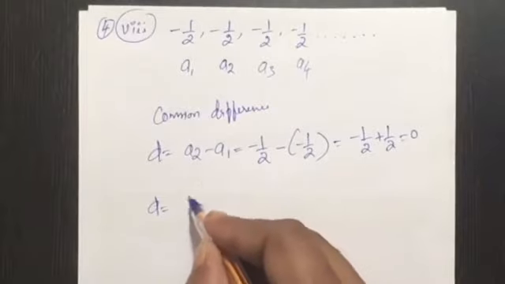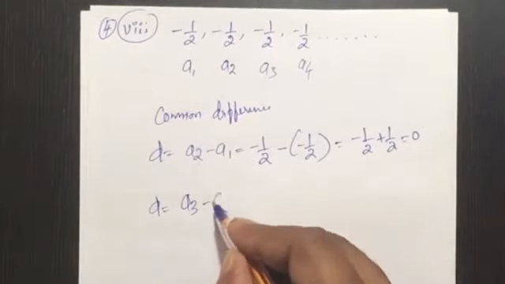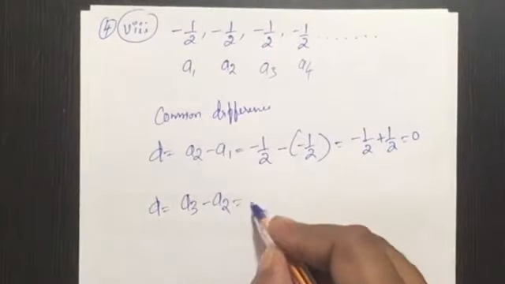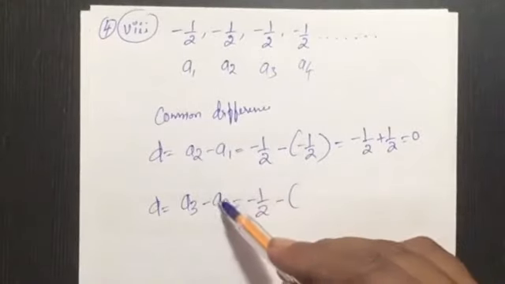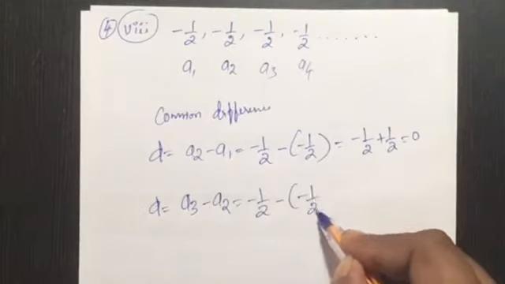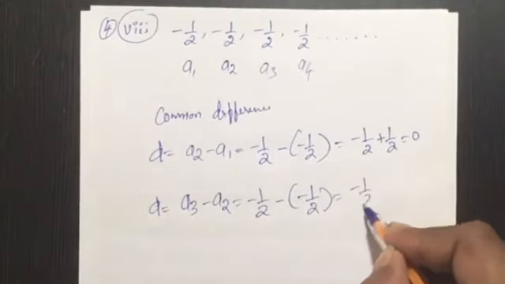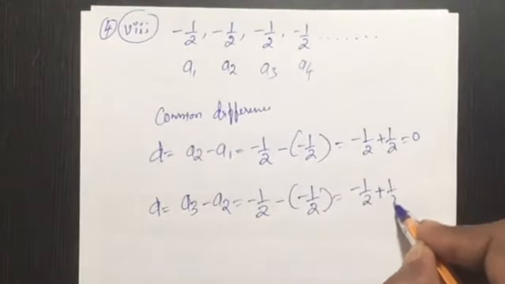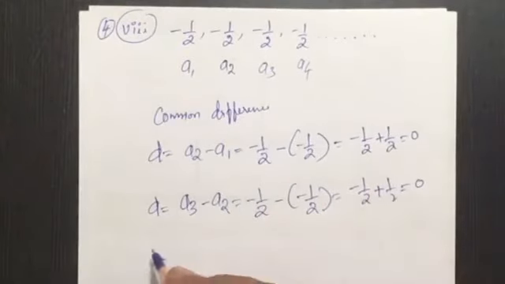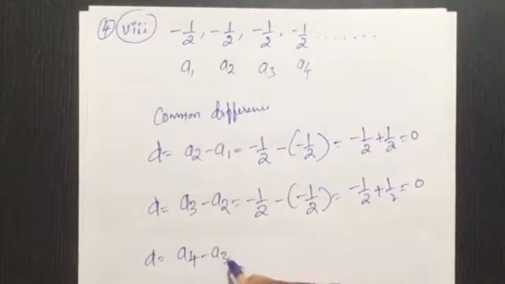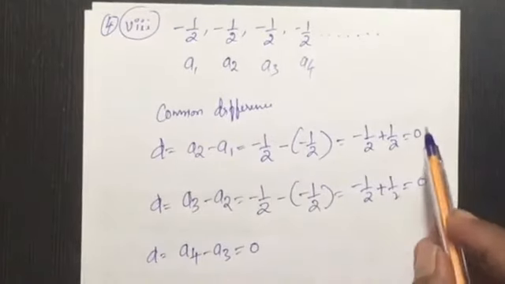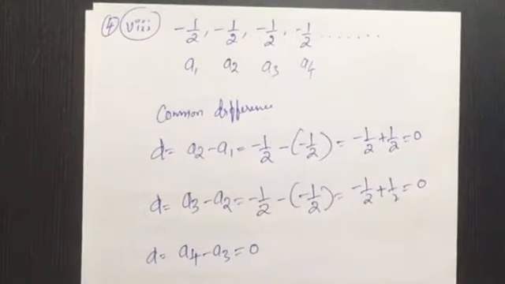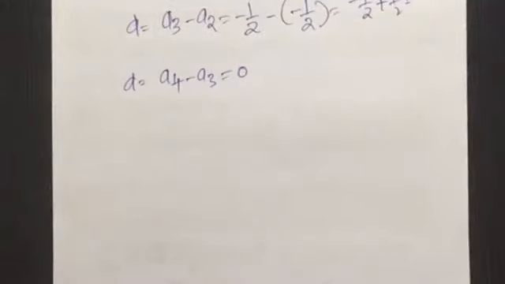Similarly A3 minus A2: A3 is minus 1 by 2 minus A2, which is minus 1 by 2. You will get minus 1 by 2 plus 1 by 2, which is 0. Similarly for A4 minus A3, you will get the 0 value. So your common difference is 0. Hence you can say it is an AP.